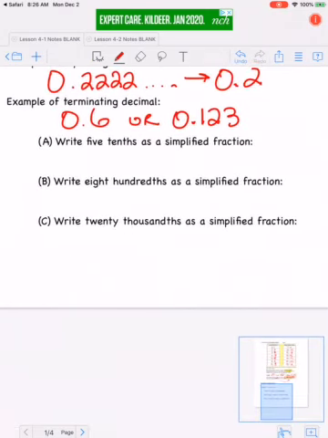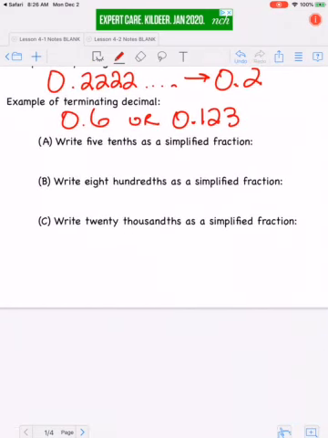Okay. Letter A says write 5/10 as a simplified fraction. So we have 5 over 10. To simplify, we divide both by 5, and we get 1 over 2. Letter B says write 8/100 as a simplified fraction.